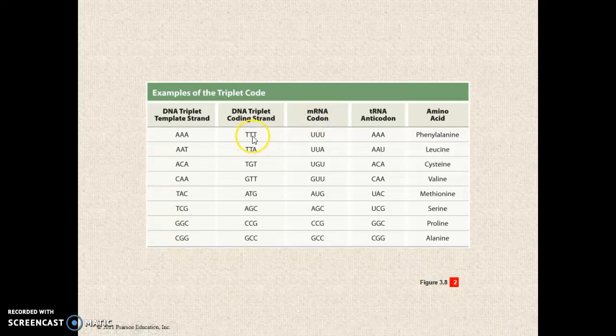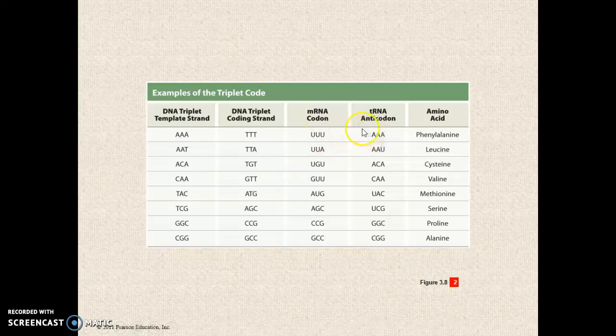Now remember, there is no thymine in messenger RNA, but uracil replaces thymine. So the template strand is what is made a copy of. So UUU would be the codon for the messenger RNA.